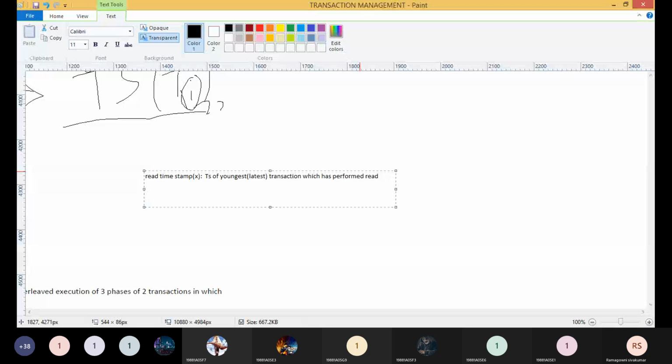The timestamp of the youngest or latest transaction which has performed a write operation. So remember these two points here: read timestamp and write timestamp.